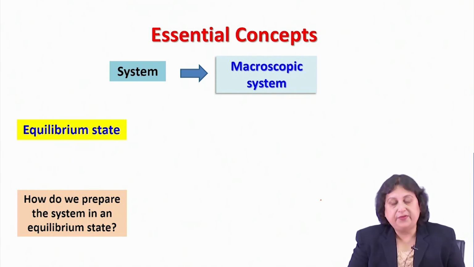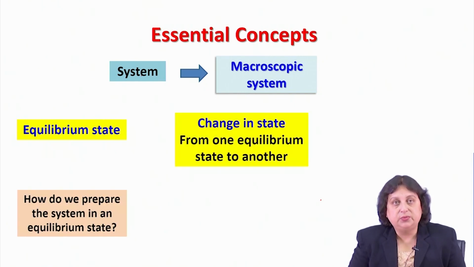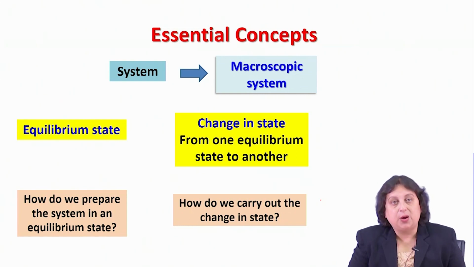Once you have prepared the system in an equilibrium state, the next question that you would ask is, if I want to induce the system to undergo a change in state, that is, I will perturb the system so that it passes from one equilibrium state to another, then how do we carry out this change in state?